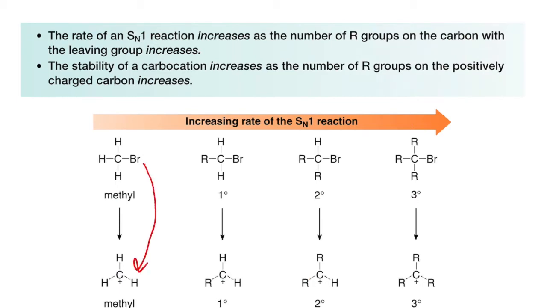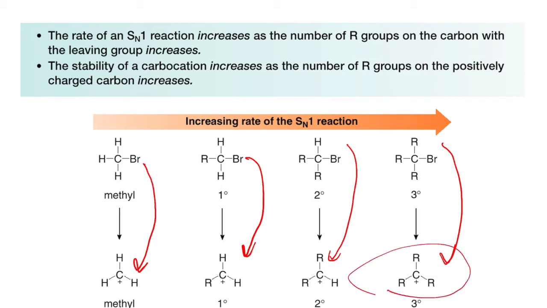When we have methyl converted to that, primary to that, secondary to that, tertiary to that, let me tell you something here. This tertiary cation is much more stable than all the others. More stable, less stable. Okay?